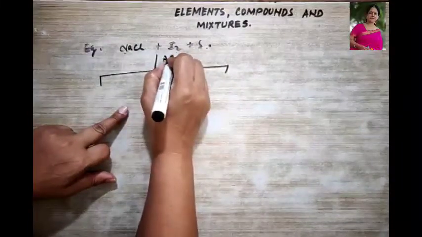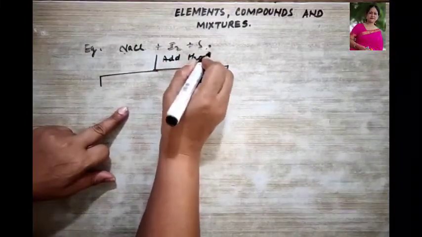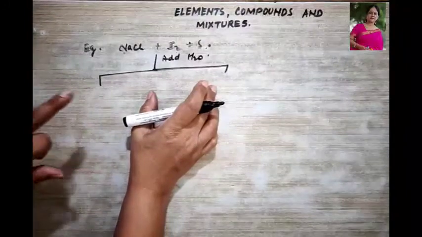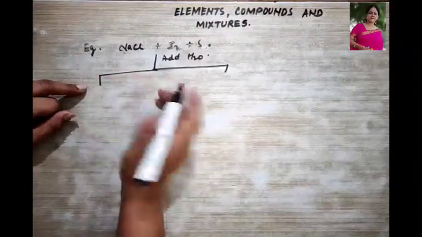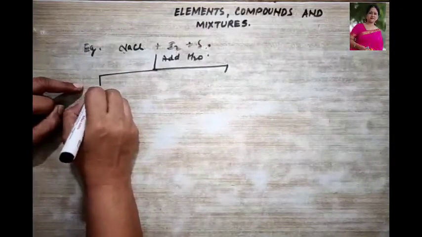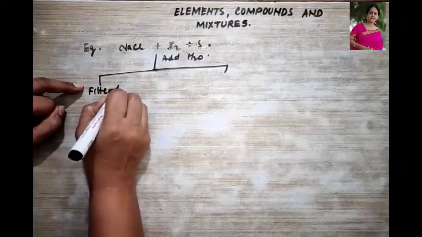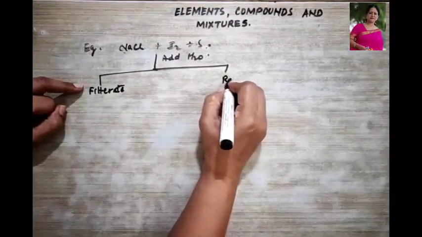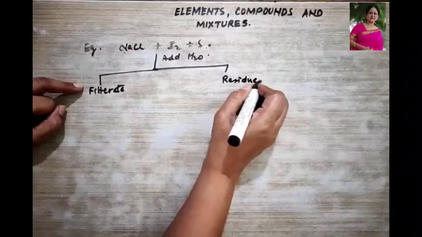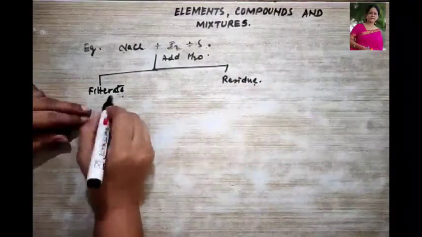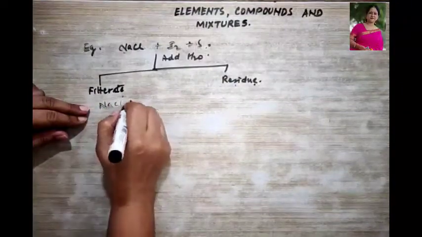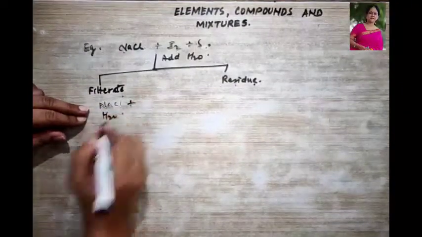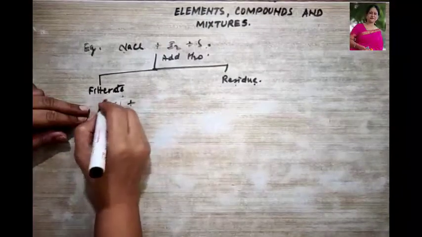So we say what? Add water over here, right? So when you are going to add water, what will you get? You will filter it. You get a filtrate and you get a residue. Okay, so what is a filtrate? A filtrate will be what? NaCl plus H2O, water that you had added over here.